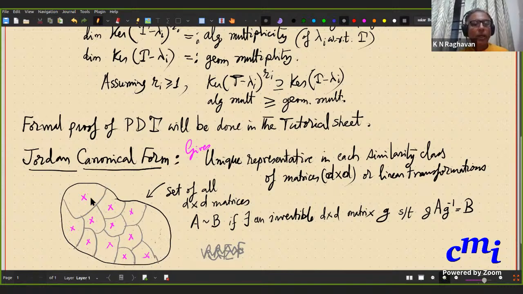Because any matrix here, as a linear transformation, is the same as something else. They are all similar. I'm not able to explain this very well at this point, but what you said is correct. Linear algebra is about the study of solutions to linear equations, whether homogeneous or inhomogeneous.